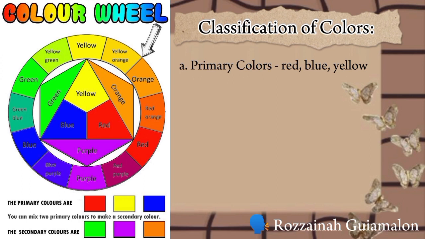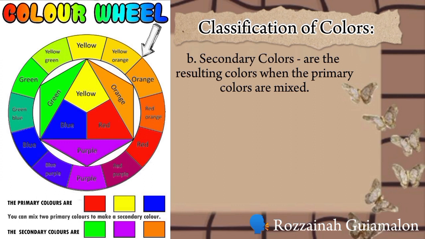Halimbawa, ang red ay considered a primary color itself. So, we don't need to mix other colors to create red. So, kapag pinaghalo-halo naman natin itong primary colors, magagawa natin lahat ng mga colors sa color wheel.